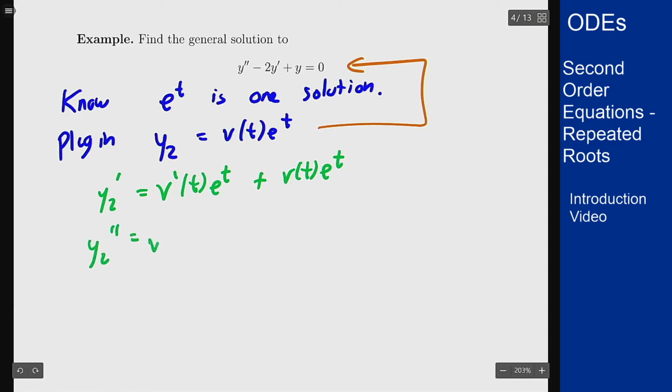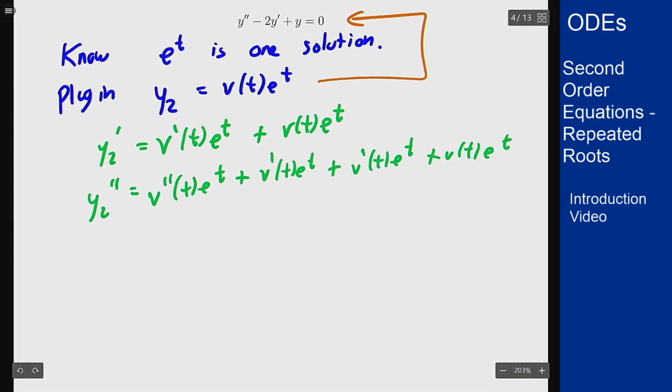It's going to be a v double prime times e to the t plus a v prime times e to the t. Plus, now from the second term, a v prime e to the t plus a v of t times e to the t, or v double prime of t e to the t plus 2 v prime of t e to the t plus 1 v of t e to the t.